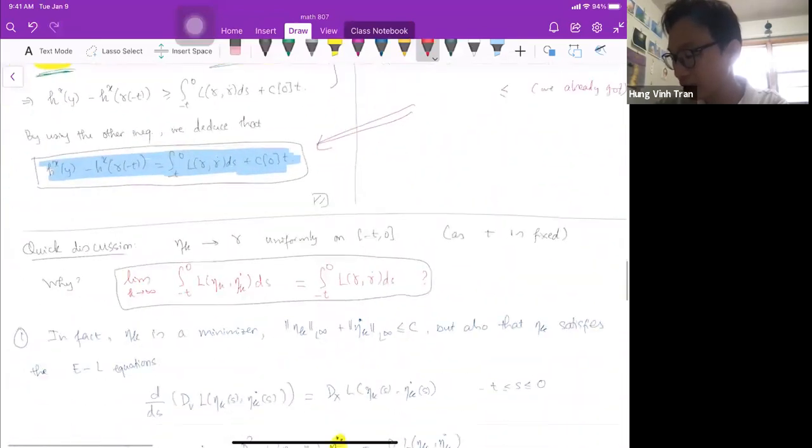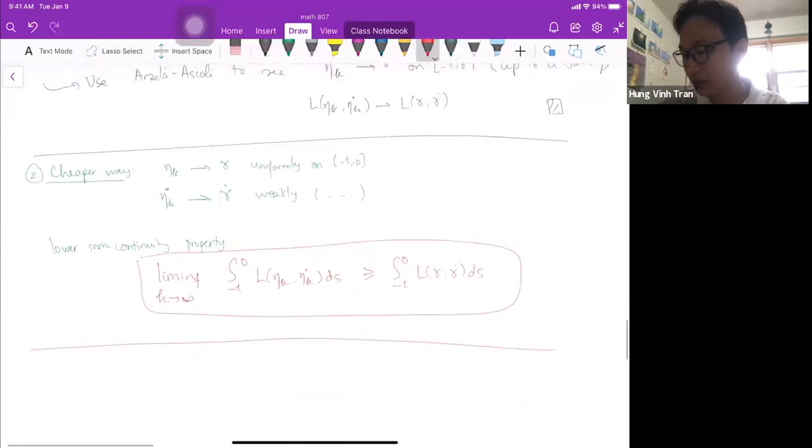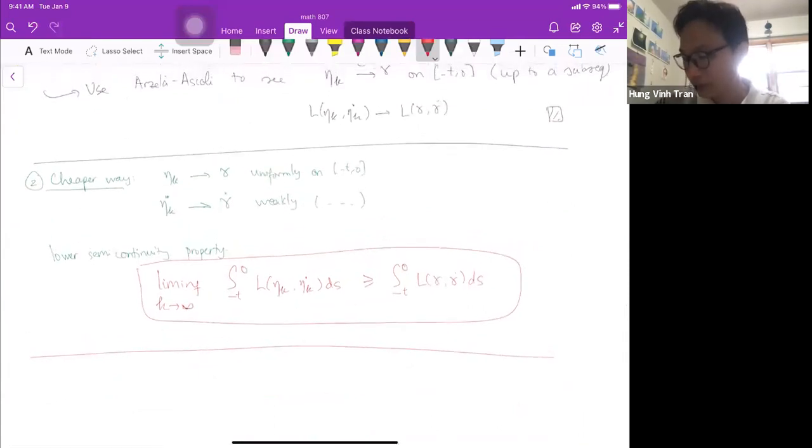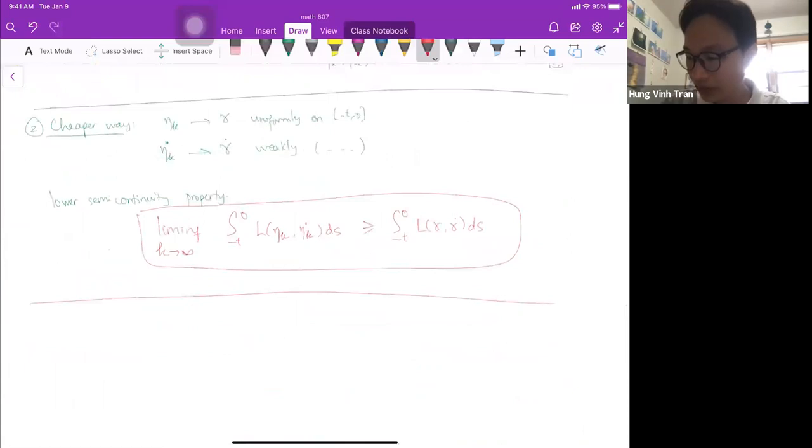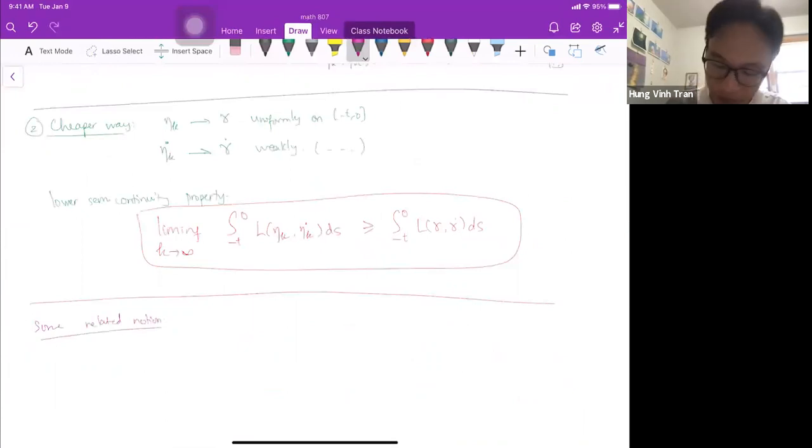Maybe let me just say it a little bit here. There's a related notion, called the maximal subsolution with vertex x.